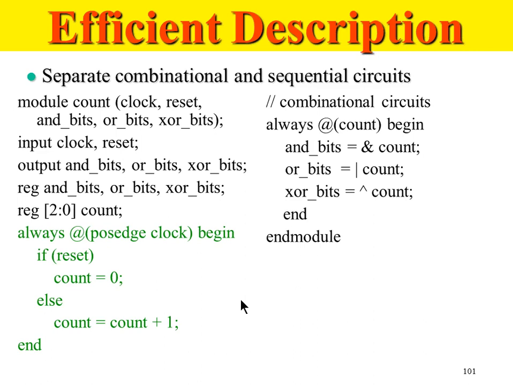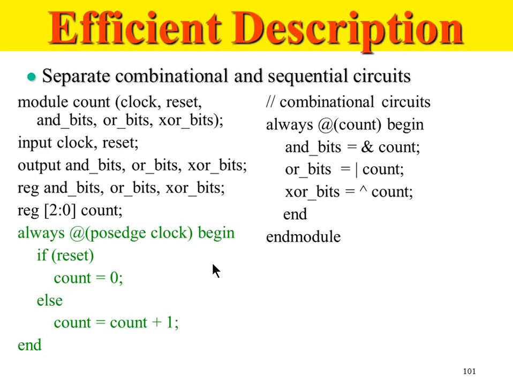So having said that, when you work on big designs, we eventually work on very big and complex designs. This is not always possible, separating completely the combinational circuit and the sequential circuit. Wherever you can, you should do it, but it may not be possible everywhere, depending on the logic that you're trying to build.